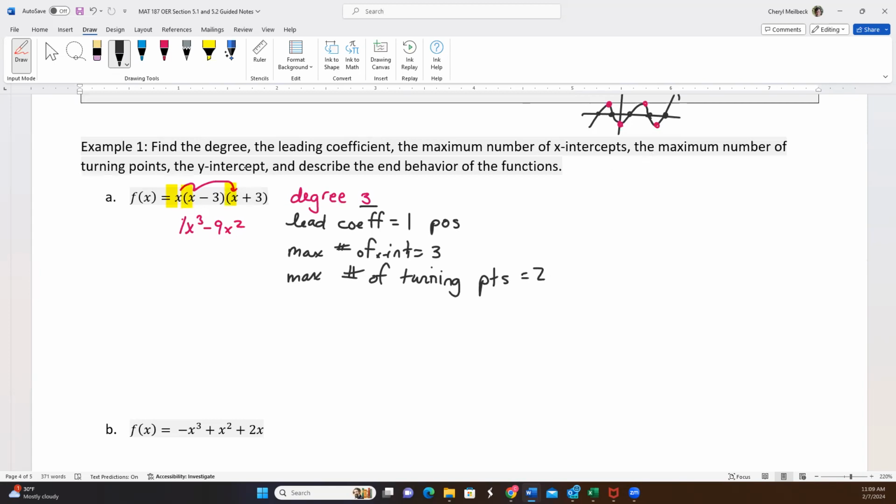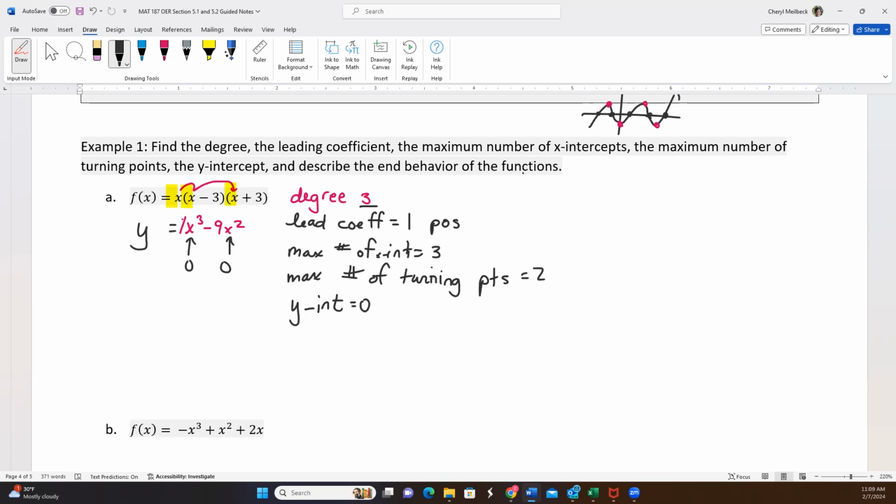And the y-intercept. If we look at the y-intercept, we learned from above the y-intercept is found by letting x equal 0. So if I let x equal 0, then my y value will be 0. So the y-intercept is 0.